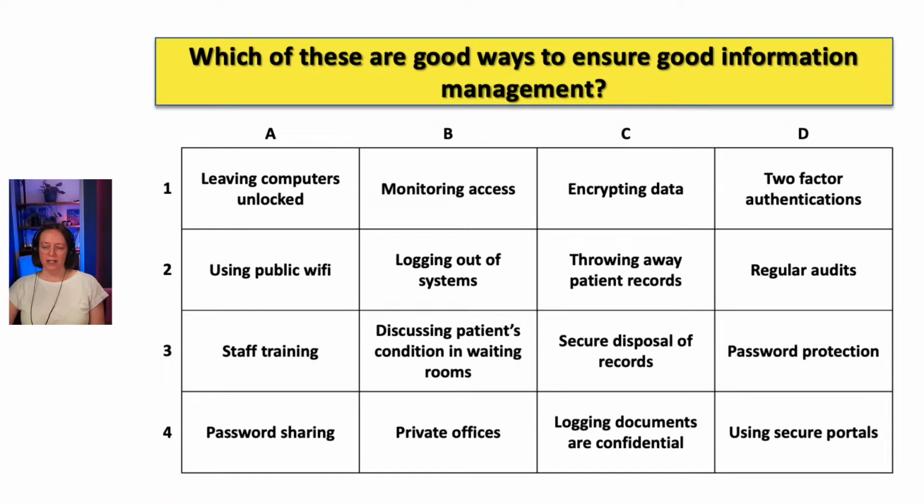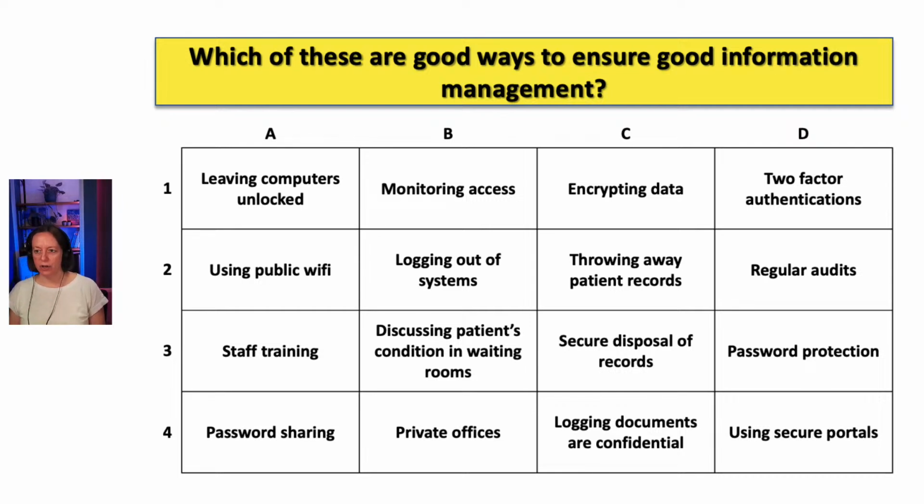Okay, so on the screen I have got lots of statements. I want to know which of those statements on the screen are ways to ensure good information management. So if you said C1, encrypting data, just type C1 into the chat. You don't need to write out the whole thing.